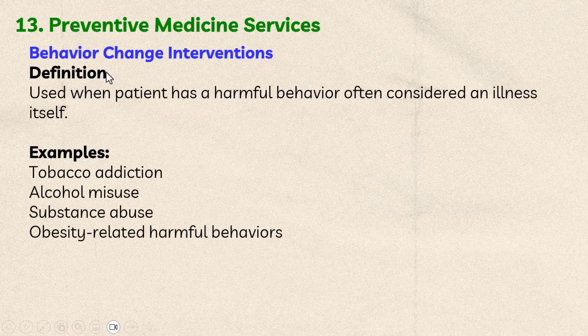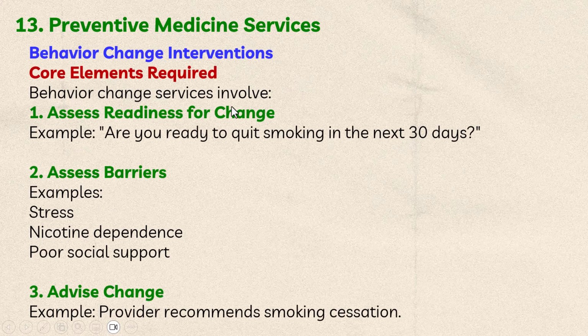The third category is behavior change interventions. This is used when a patient has a harmful behavior often considered an illness itself. Examples: tobacco addiction, alcohol misuse, substance abuse, and obesity-related harmful behaviors. The behavior change services involve, one, assess readiness for change. Example, are you ready to quit smoking in the next 30 days?